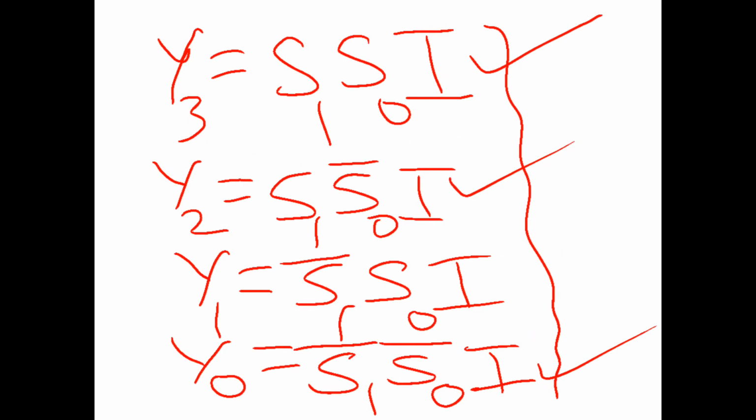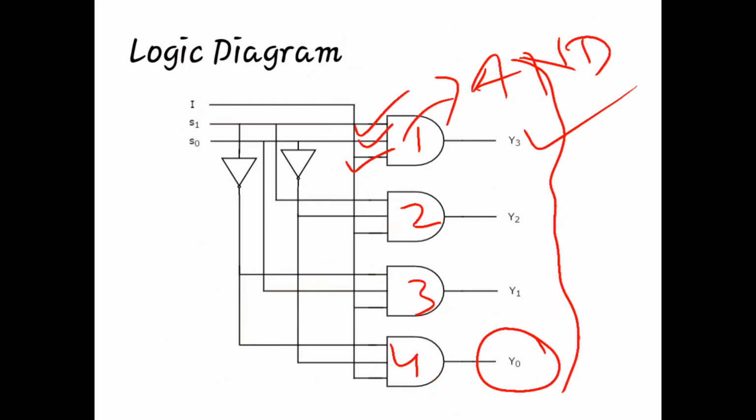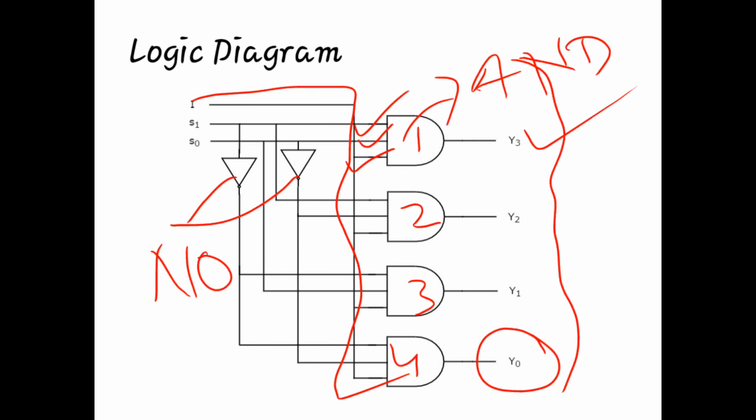We need S1 bar, we need S0 bar, we need I. So you can see here it is the I. Then both the select inputs need to be inverted, and we know inversion is done with the help of NOT gates.